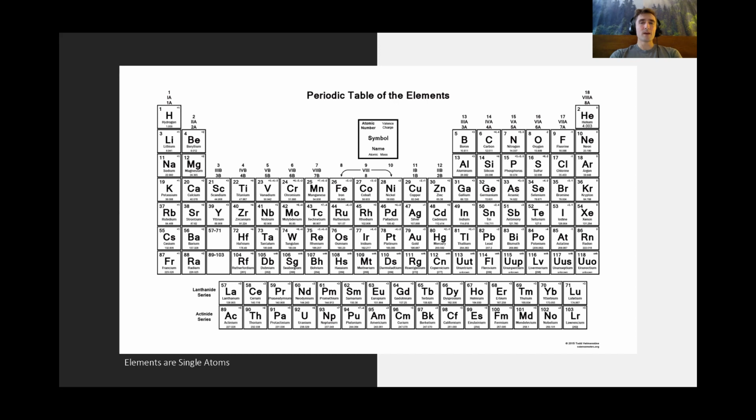Now, you may or may not know that just because these are the smallest unit, these are the actual atoms, and based on different numbers of protons and neutrons, we have these different elements. They don't typically exist in nature in their purest form.